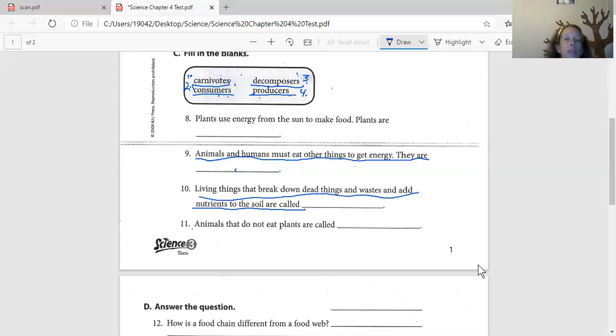I am done with number 10, yes or no? Yes. Last one. Animals that do not eat plants are called blank. Animals that do not eat plants are called blank. If you only eat meat, you're called a this. Carnivore, consumers, decomposers, or producers. 1, 2, 3, or 4. Okay. I'm going to hang up with Jeremiah and give you a minute to finish these.